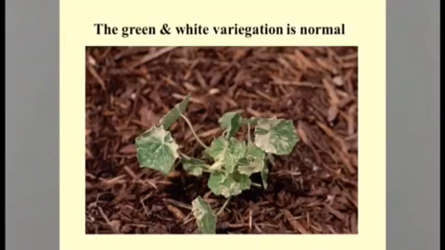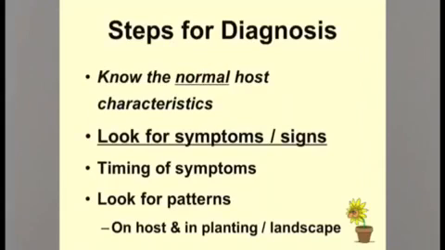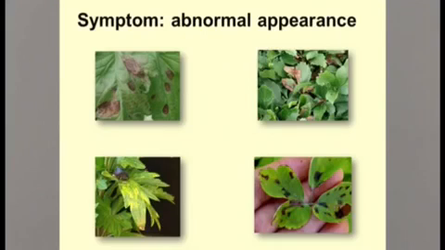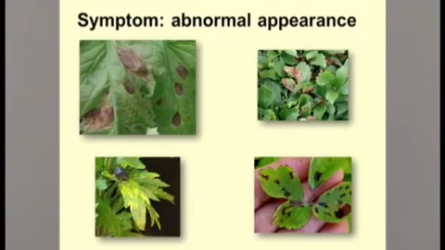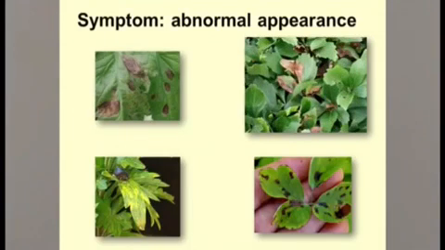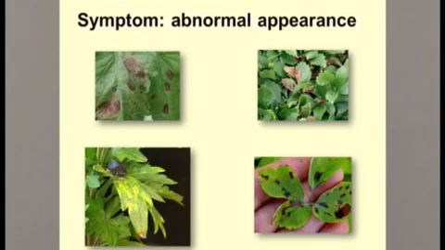This is the symptom in the field, and you can only differentiate these symptoms in the field if you know exactly the steps of the diagnosis, to know the normal host, and these are the abnormal appearances caused by different plant pathogens: the bacteria, the virus, the nematode, and the fungi.